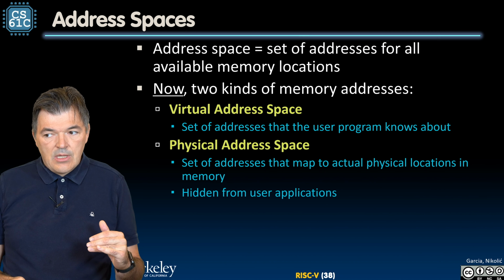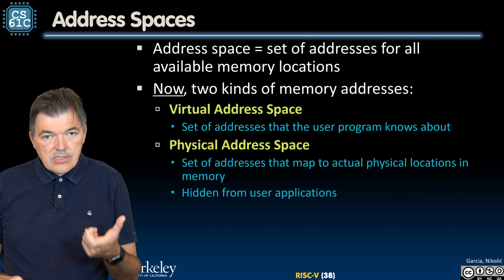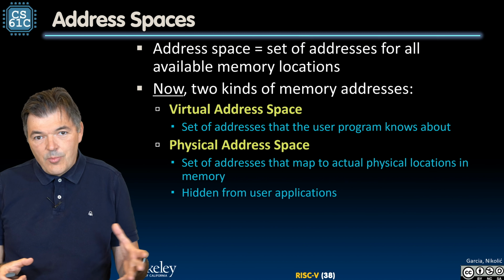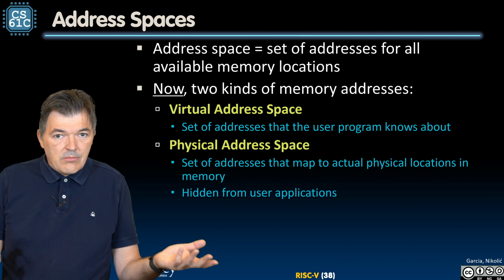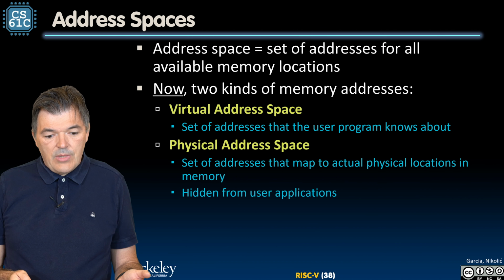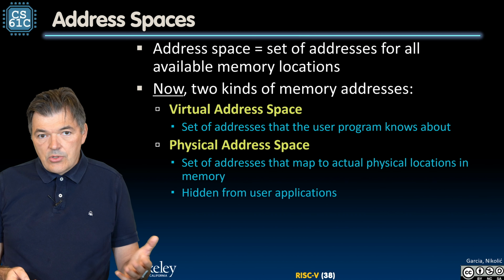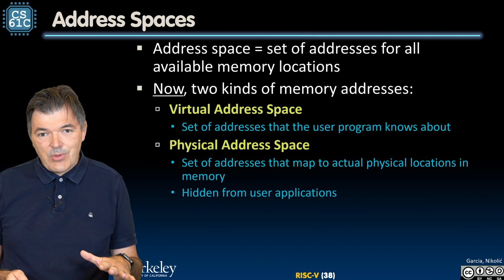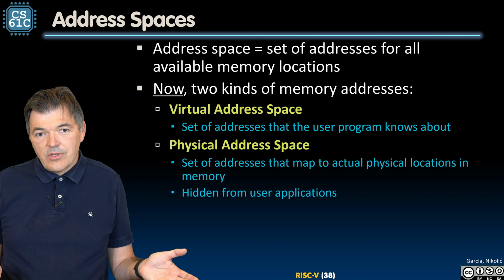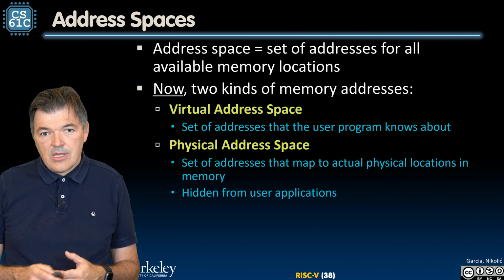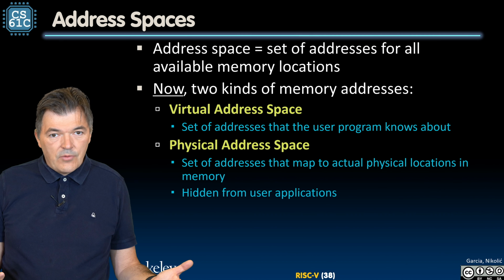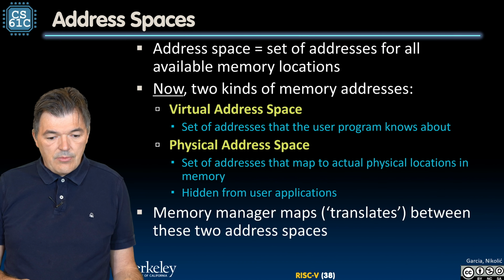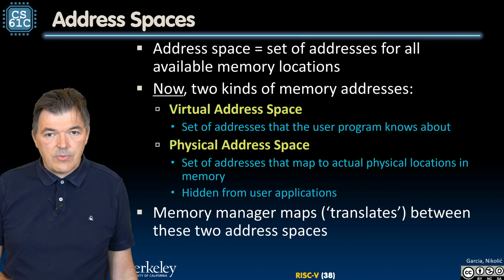The physical address space is the one that exists in a particular computer, set by the amount of DRAM and eventually disk that we may have. Programs don't know that. That is one of the roles of the virtual memory system, to hide that, so that we can run programs on different configurations of PCs, for example. And there is a memory manager that translates between these two spaces.